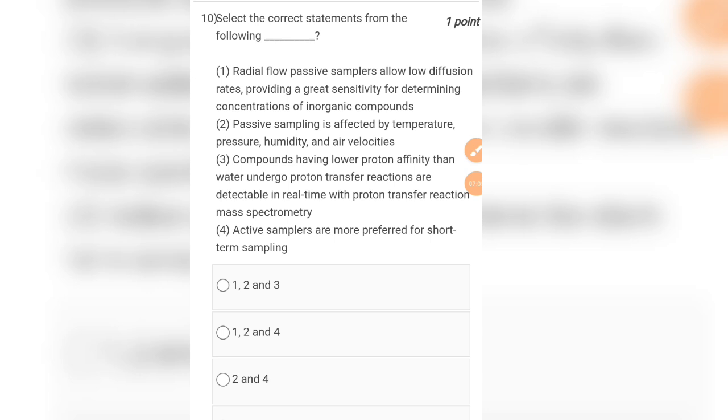Statement 2 is passive sampling is affected by temperature, pressure, humidity, and air velocities. Point 3 is compounds having lower proton affinity than water undergo proton transfer reactions and are detectable in real time with proton transfer reaction mass spectrometry. Point 4 is active samplers are more preferred for short-term sampling.